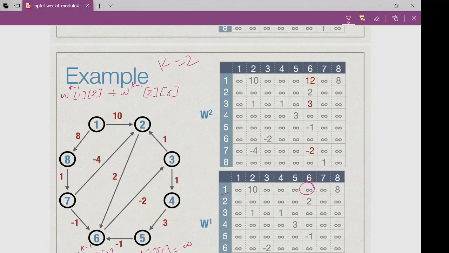We have to find for i and j, 1 and 6. Since k minus 1 is 1, we just need to see the previous matrix. W1 of 1 2 is 10, plus 2 6, which is this, so we have to add this number 12. Which is minimum, 12 or infinity? 12 is minimum, so we will write 12 here.